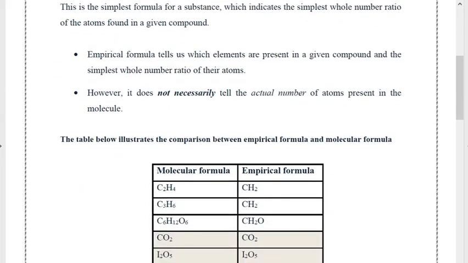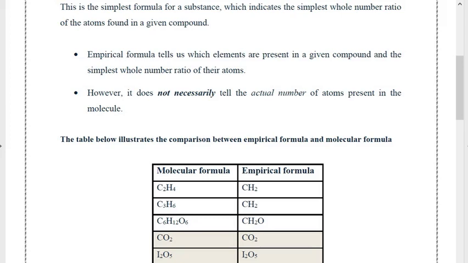The other thing to note with the empirical formula is that if you're only given a compound with its empirical formula, you won't be able to know the actual number of atoms present in the molecule.